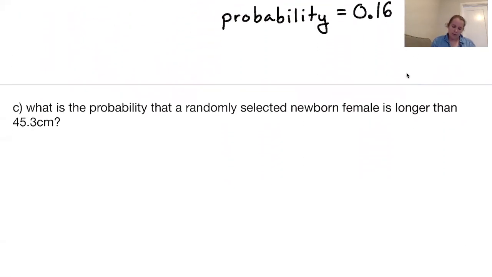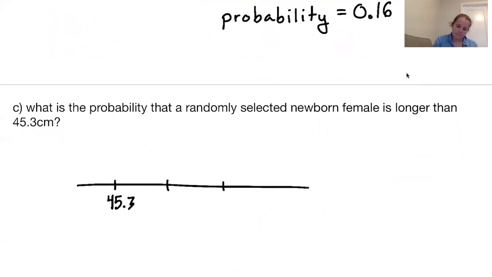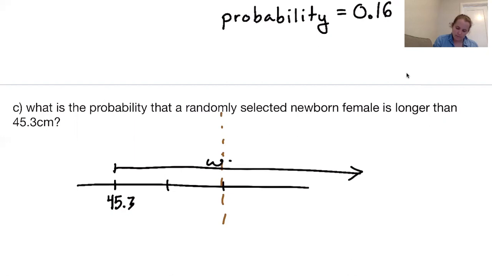Next up, we have what is the probability that a randomly selected newborn female is longer than 45.3 centimeters? So 45.3 was 2 tick marks below our mean. And we're looking longer than 45.3, so we want this stretch. So again, 45.3 was on our blue region.